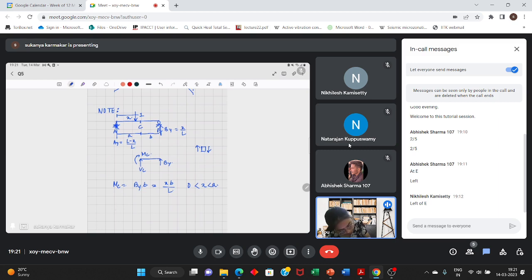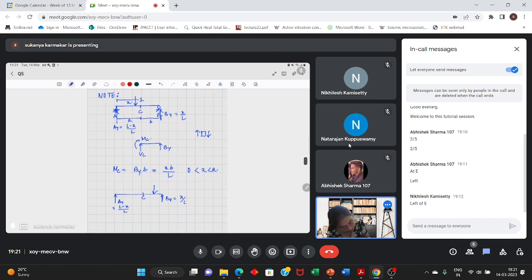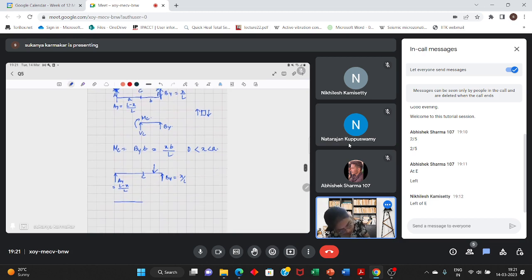And suppose x lies beyond C. Then the expressions for Ay and By remain the same. In this portion, you have Ay, you have By, and the moment MC.